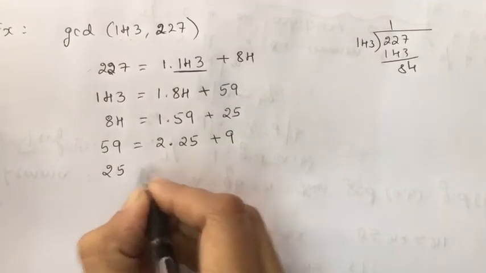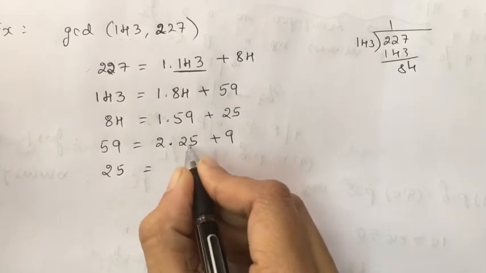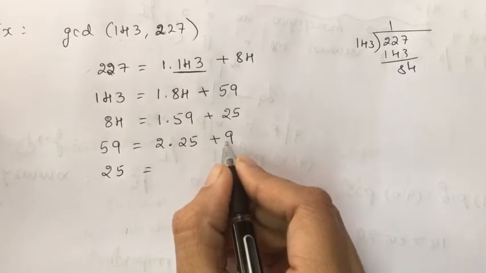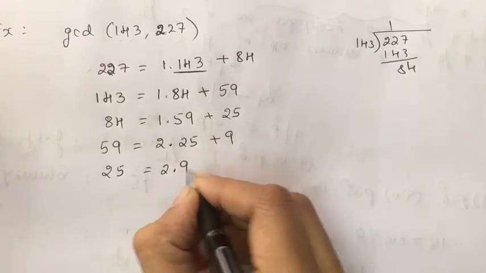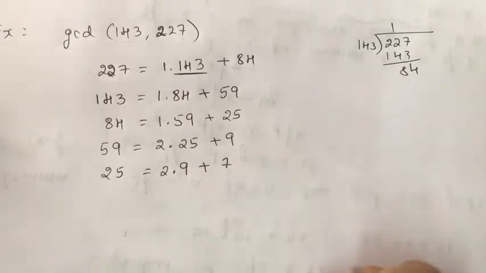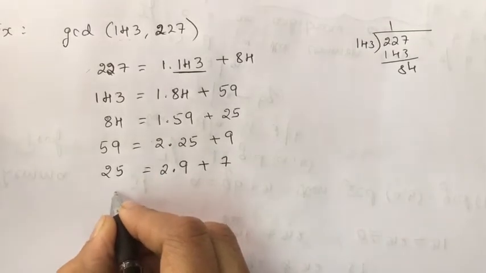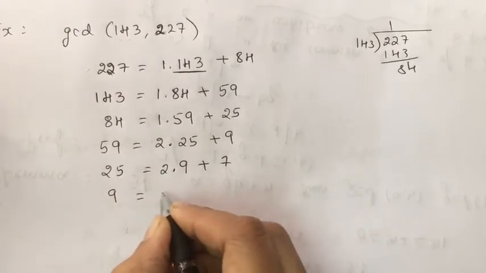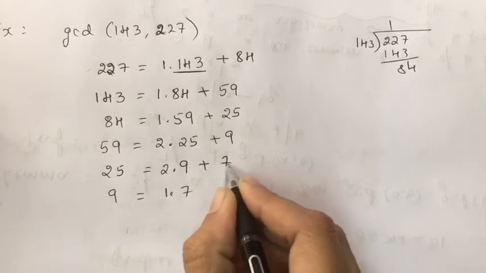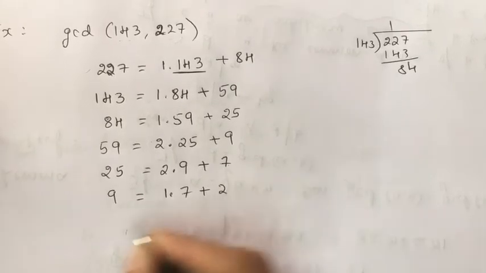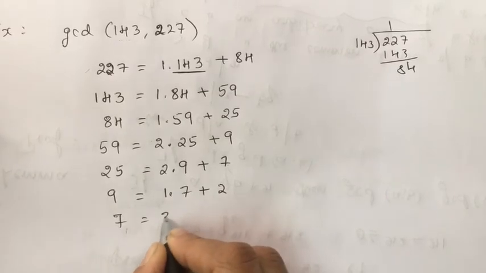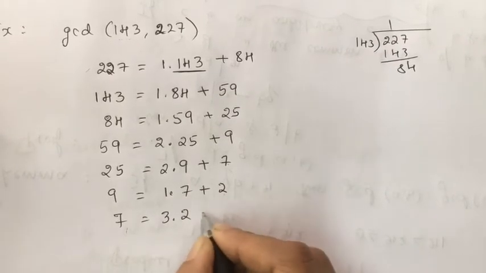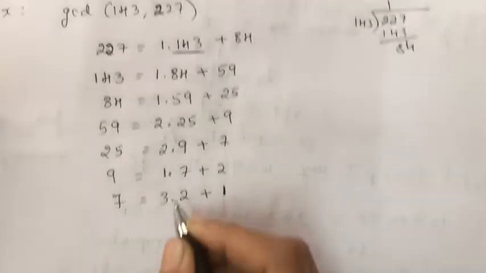Then 25 can be written as 2 into 9, 18, plus 7. Similarly, 9 can be written as 1 into 7 plus 2. Then 7 can be written as 3 into 2 plus 1.